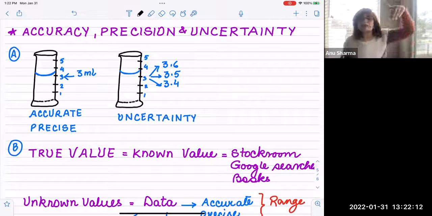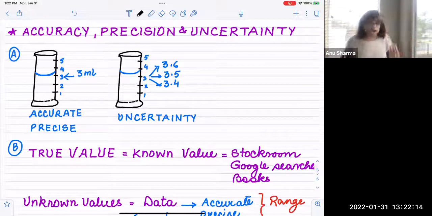The tall person, the short person, or the medium height person? Due to that, some errors come into our measurements, okay? And that's why they can impact the accuracy and precision, and they can bring in some kind of uncertainty.